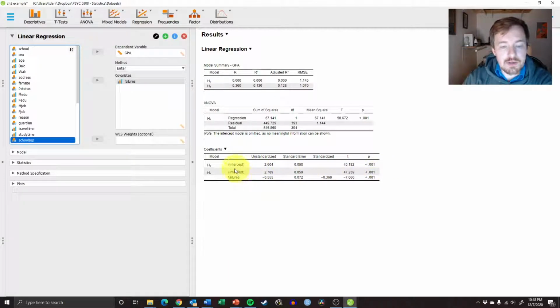And it is going to tell you the intercept, and it is going to tell you the slope that is provided by that specific variable. So if we were writing this out, this would basically be y equals, and then our intercept value, which is 2.789. So assuming that you have 0 failures, you should have a GPA of roughly 2.789 on average.